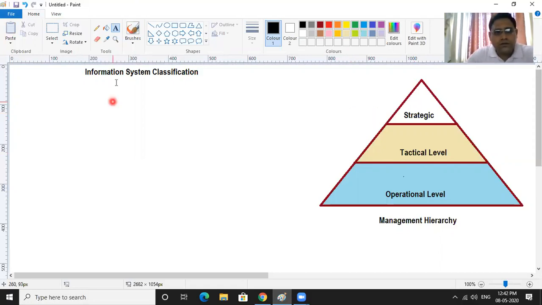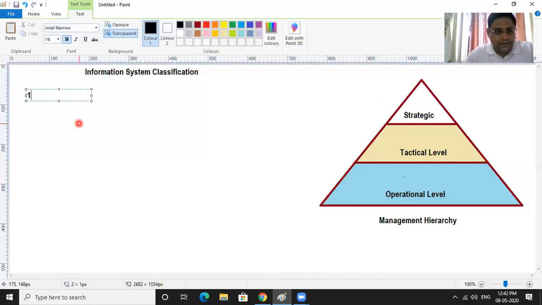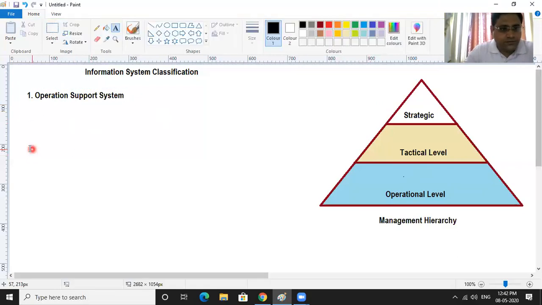So now, when we do the classification, how is the information system catering to or assisting the employees at each and every level of this hierarchy? Firstly, the information system is classified in three categories. Number one is operation support system.